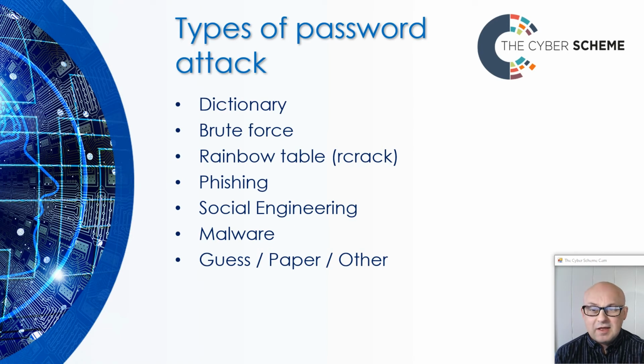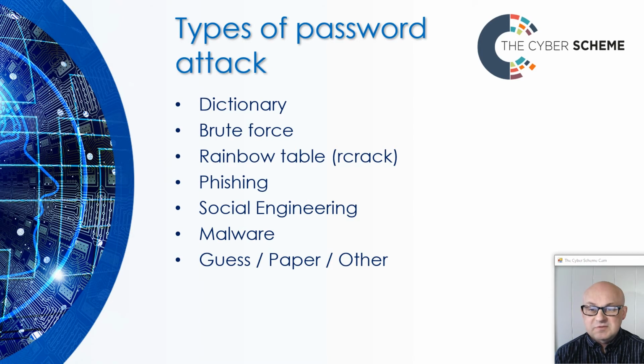There might be malware. So malware might come from a piece of software that you've downloaded to your machine from an unofficial source. That software is malicious, and when you type your password in to various other sites and put it in your clipboard, it then grabs a copy of that password and sends it to a malicious server somewhere. We could guess your password easier than you think sometimes.